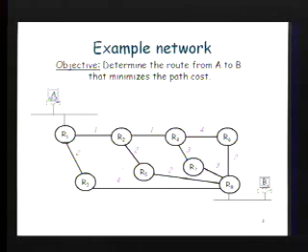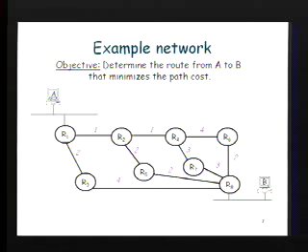Now, as we just explained, these different links in a network can have different costs, and the job of the routing algorithm is to determine the route from A to B that will minimize the path cost.